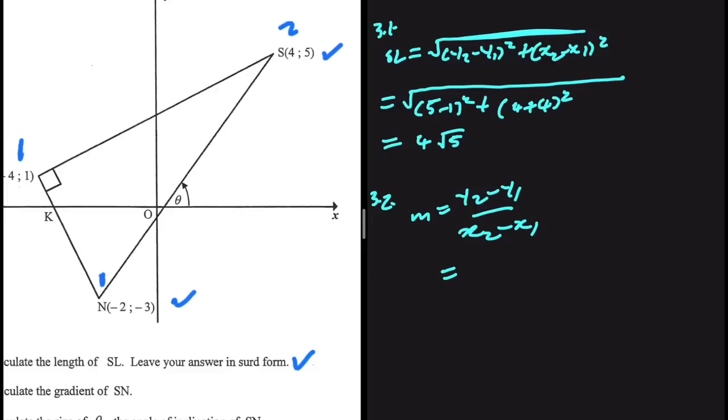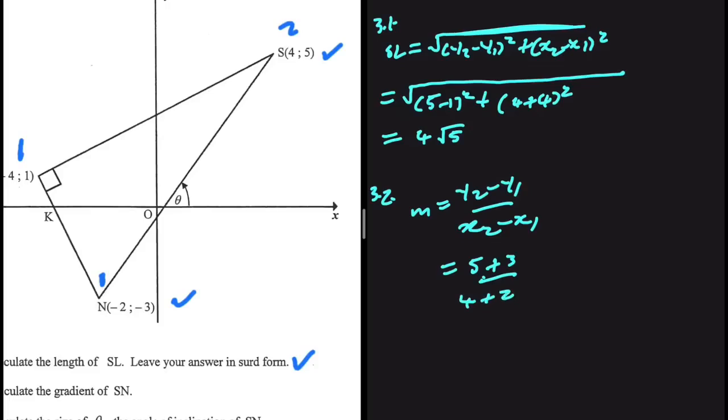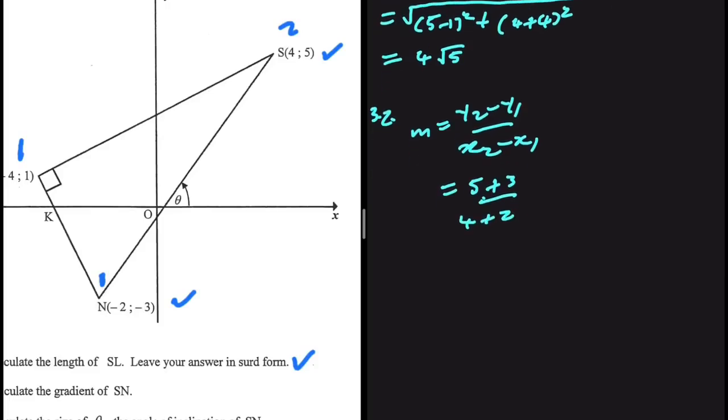The y value of S is 5 minus the y value of N, which is minus 3. So 5 minus minus 3, that is just plus 3, divided by the x value of S, which is 4, minus 2, so that is 4 plus 2. So we have 8 divided by 6, which should be 4 divided by 3, okay? I think that is the answer we are supposed to get.